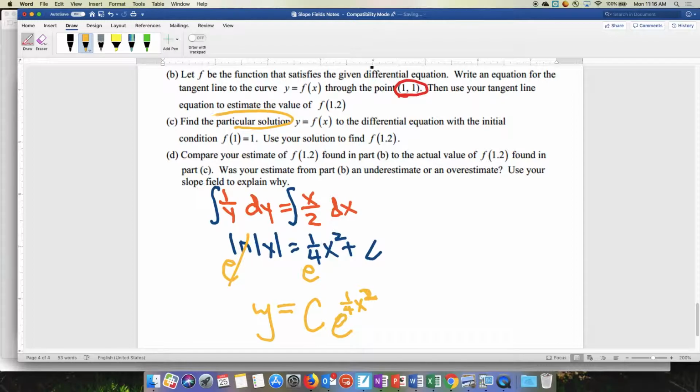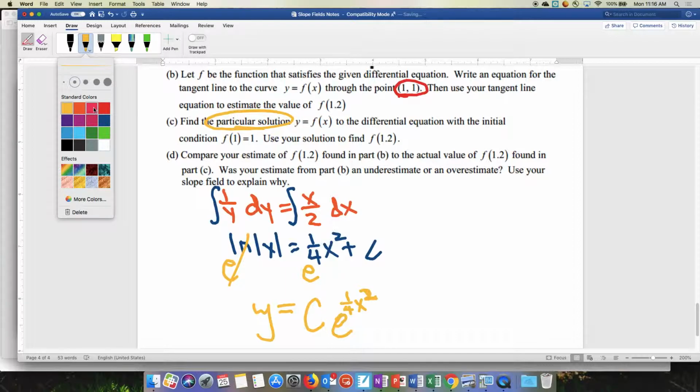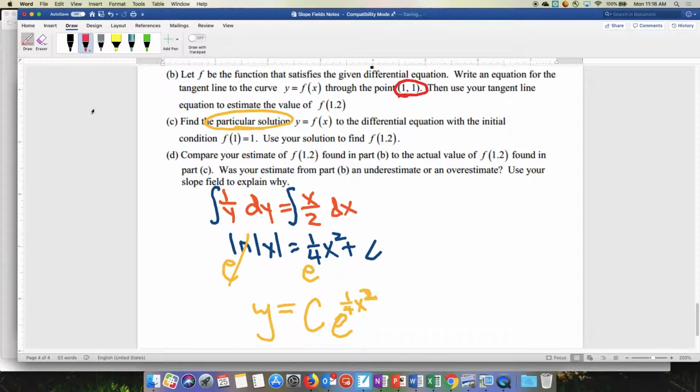They did ask us for the particular solution, which means we need to go back and do what? Solve for c. So we know that our coordinate is 1, 1. F of 1 equals 1. So y is 1 when x is 1.